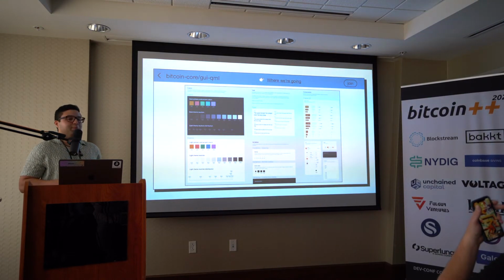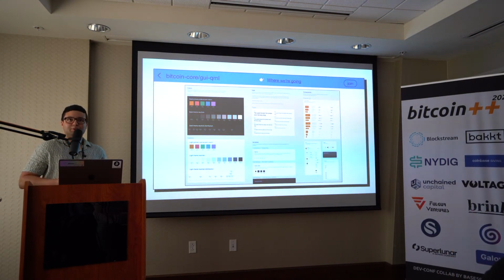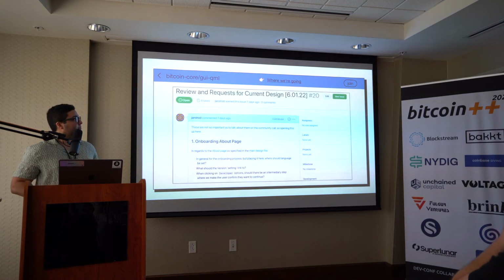But we want to make it clear that within this new GUI and in the Bitcoin Core /GUI QML, what's going to occur is technical development and getting the GUI shipped, and we implement the designer's design. And we're not going to be fighting about, oh, is this that color or is this that size? And so that fixes that problem.